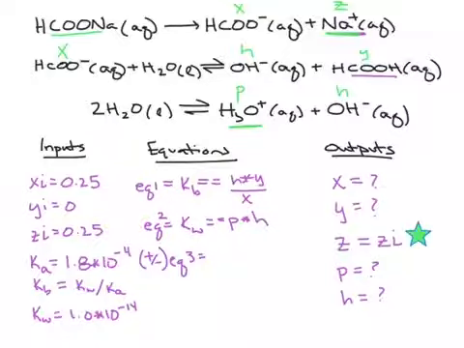So our charge balance here is going to be Z plus P is equal to the sum of our negatively charged species, which are X and hydroxide, it looks like.